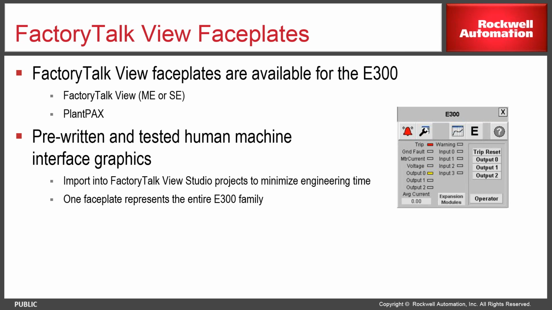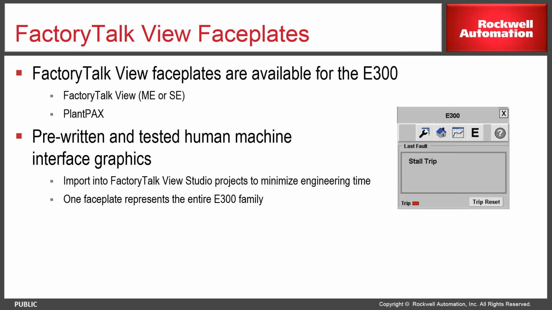The E300 provides a lot of useful information when it trips or has a warning event. The trip and warning status words provide real-time information on the reason for the trip or warning event, which can be displayed in a SCADA system such as FactoryTalk View. This information can be used by maintenance personnel to help troubleshoot the motor issue.